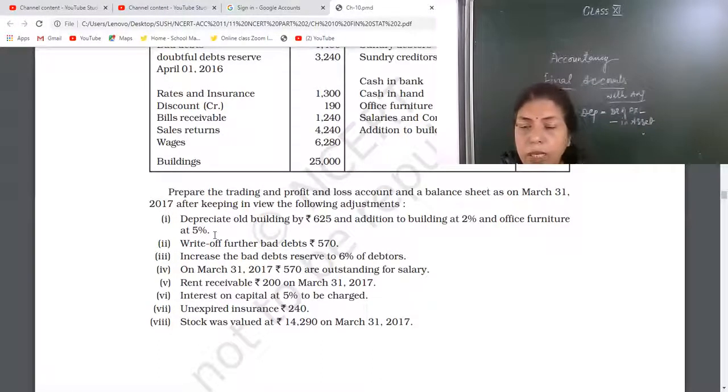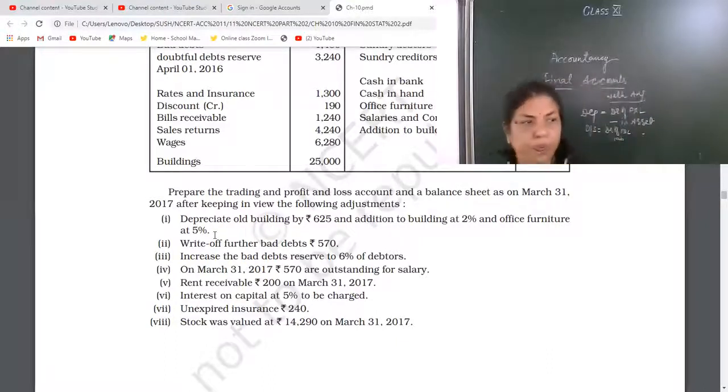Then, outstanding salary. I told you what the adjustment of outstanding is. Yes, debit of P&L, and outstanding means liabilities. Why liabilities? Because the businessman has not yet paid the amount of salary to the employee.